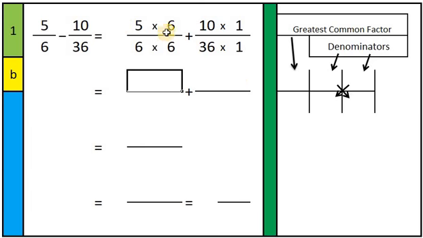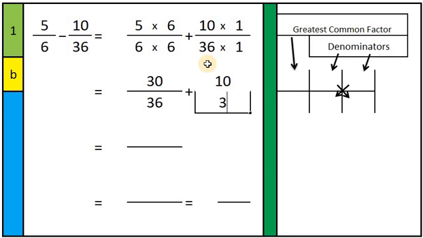Then we do the multiplication of the numbers. 5 times 6 is 30. And 6 times 6 is 36, and we copy the second fraction, 10 and 36.